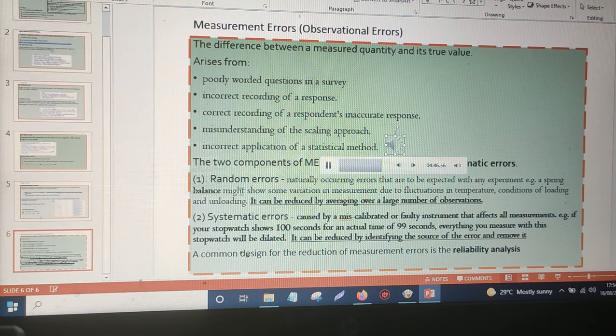In reliability analysis, what we do is take a sample, a part of your total sample, and administer your questionnaire or your questions. Then when you get returns, you analyze them to see whether they satisfy your requirements in terms of the answers or responses you are expecting.